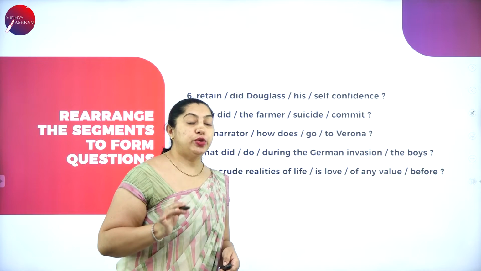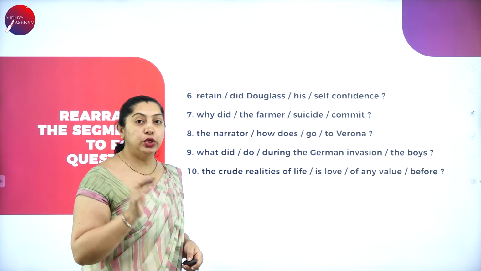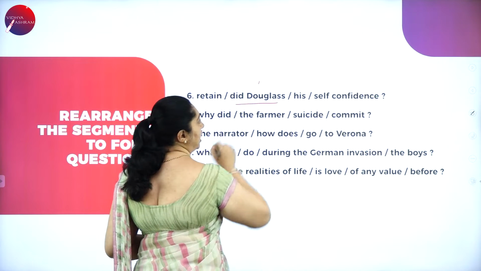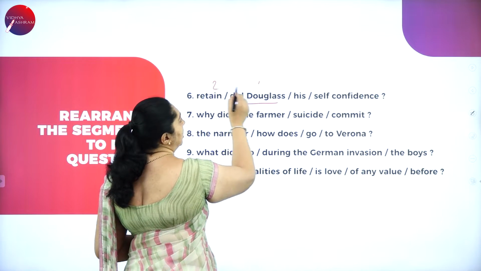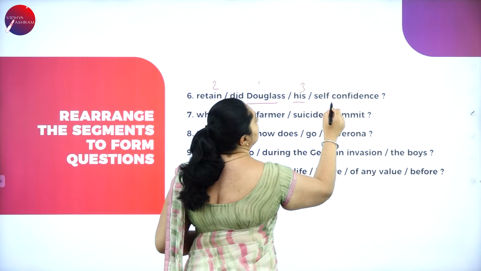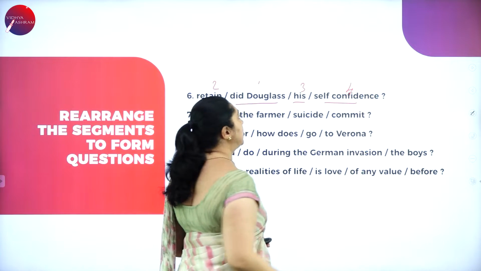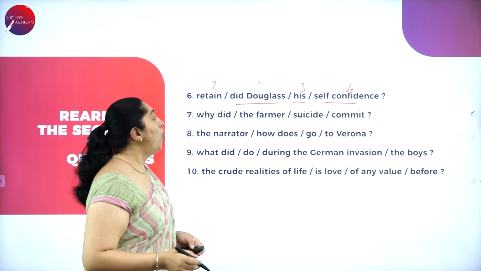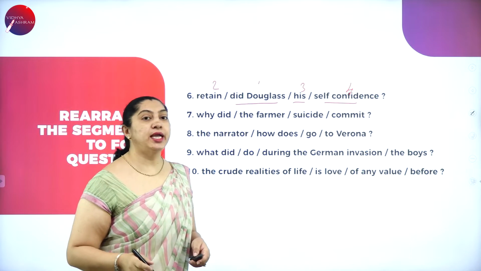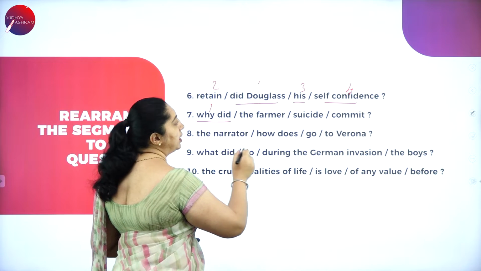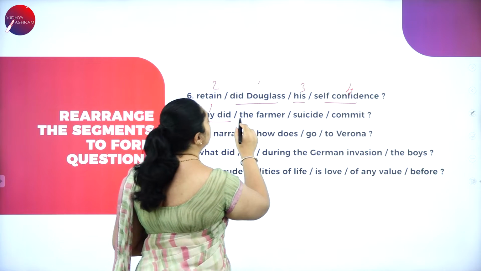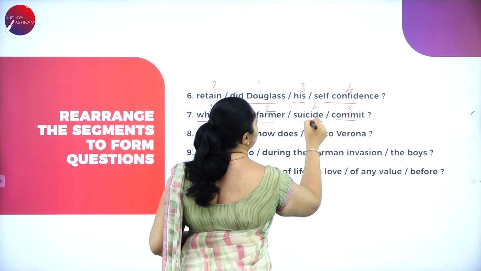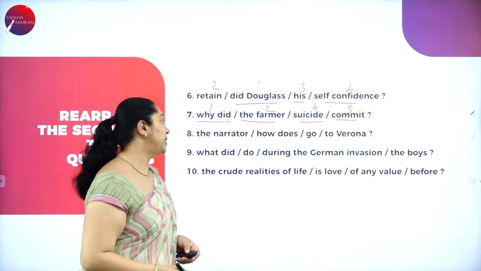I told you should be knowing the do forms. Do, does and did. So here, did Douglas retain his self-confidence? Did Douglas retain his self-confidence? Why did the farmer suicide commit? Why did the farmer commit suicide? Why did the farmer commit suicide?